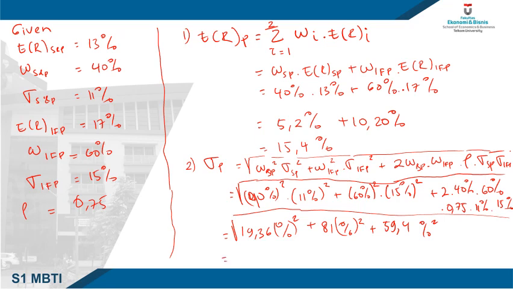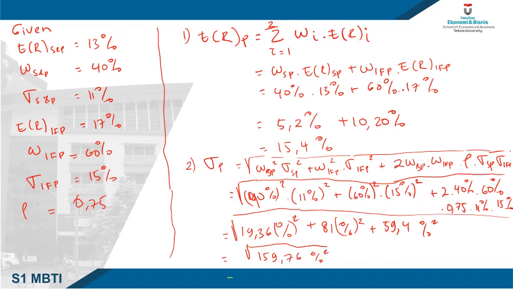We have the same unit of percent squared, so you just add it: 19.36 plus 81 plus 59.4, that will give you 159.76% squared.